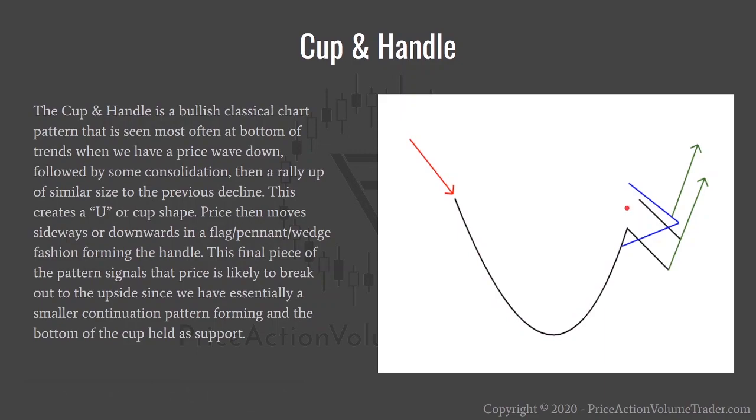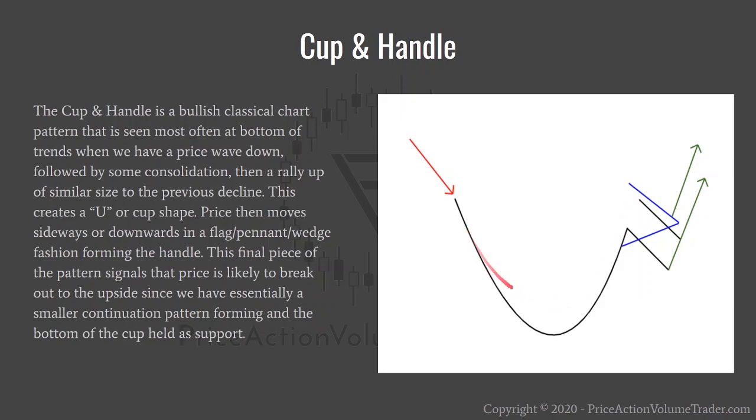Then this creates a retracement, which usually can go sideways or it can go downwards in a flag, pennant, or wedge formation, which is basically indicating what? Momentum continuation to the upside.